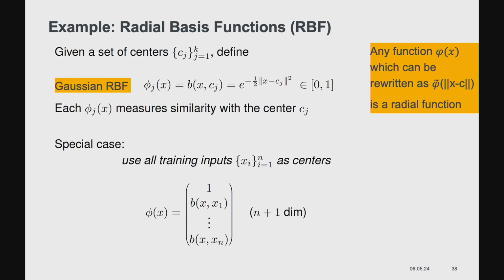One thing we can also do is use all training inputs, all the data points we have, as centers. Of course, this becomes a very large model, so that's the disadvantage. But let's assume it's not too many, maybe just 100. Then I would have a vector of 101.